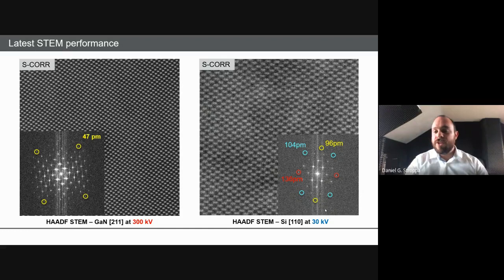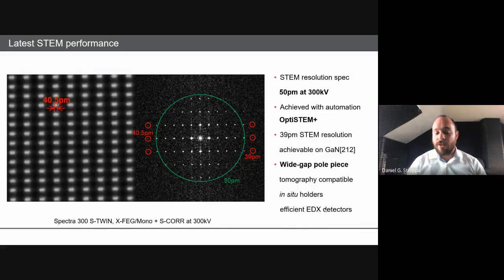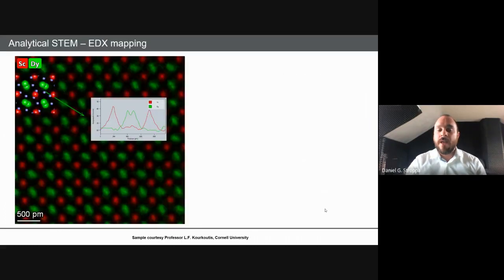You can tell the different atomic columns easily here, the dysprosium and scandium columns. And here you see the spacing between those two green atoms that we have on the line profile. It's 76 picometers. So this resolution can also be used for mapping chemistry with very high resolution.